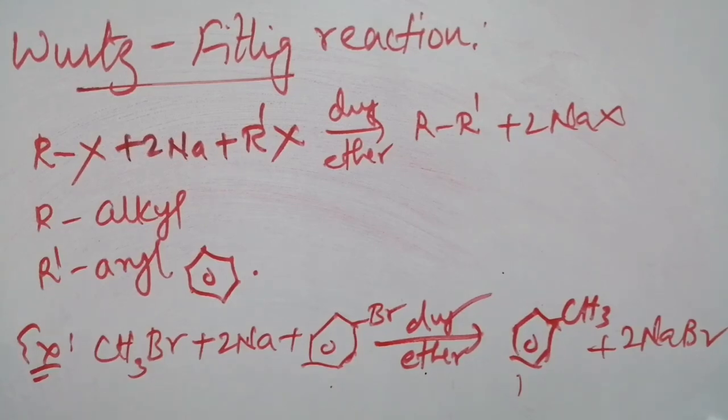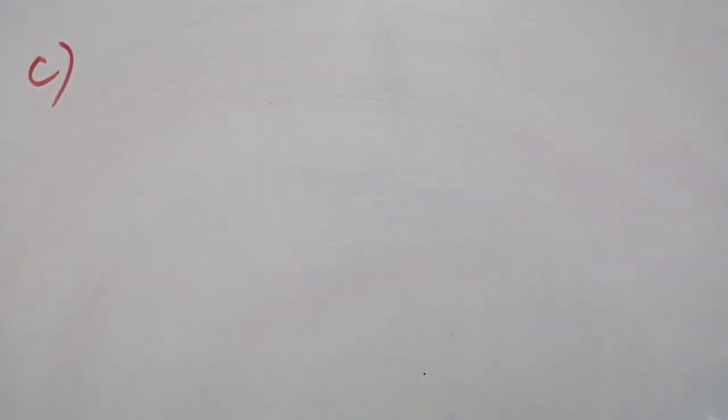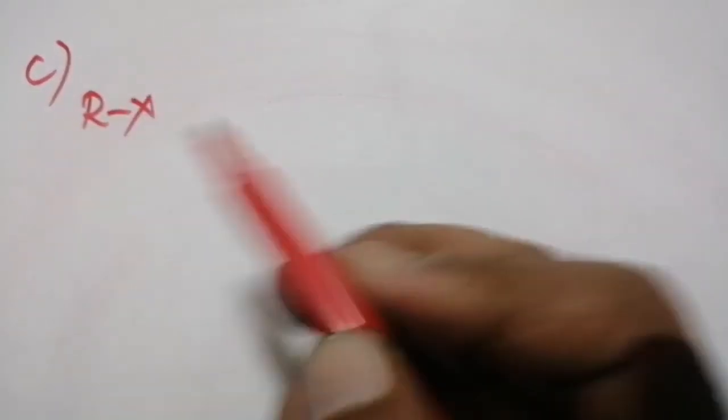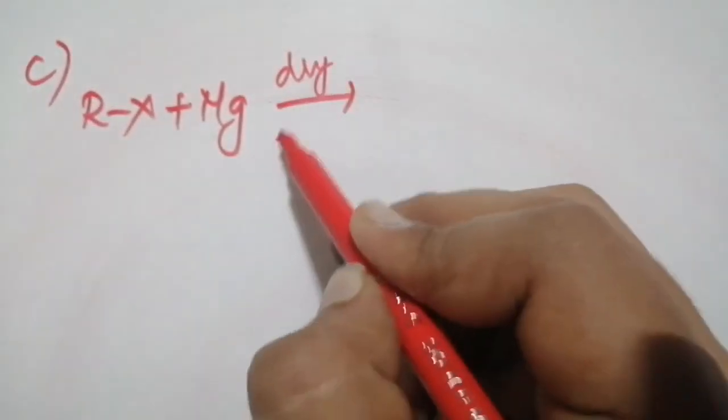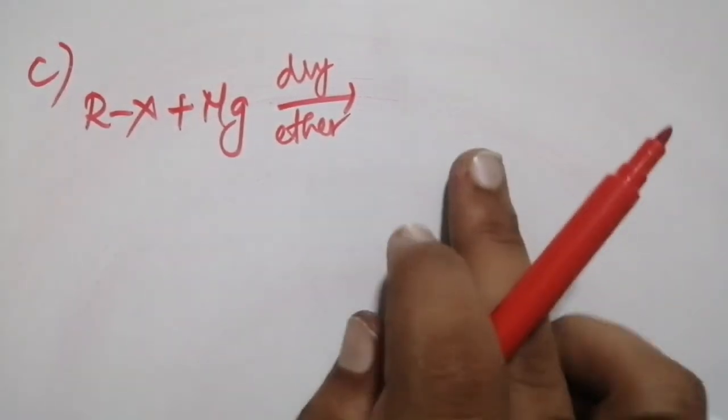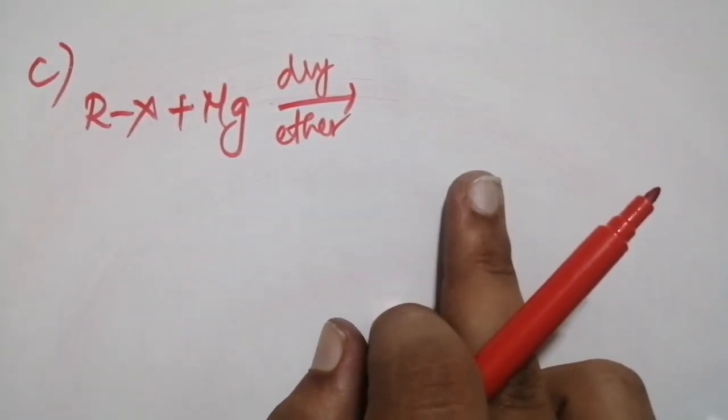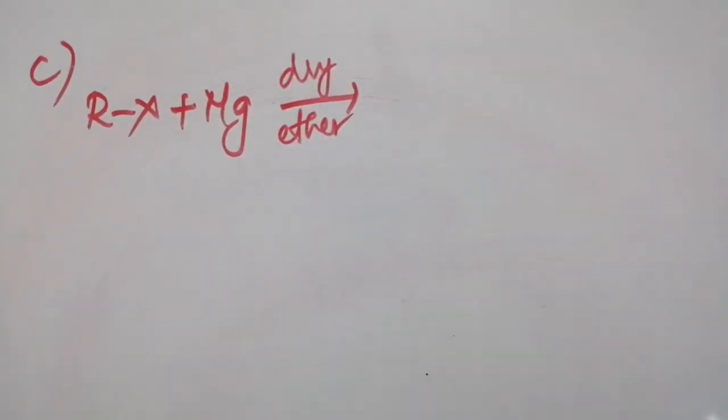This is with sodium. Next is magnesium, a very important reaction with magnesium, under reactions with metals. When my RX reacts with Mg in presence of dry ether medium, the product formed will be of a new name for us. So this is RX plus Mg.